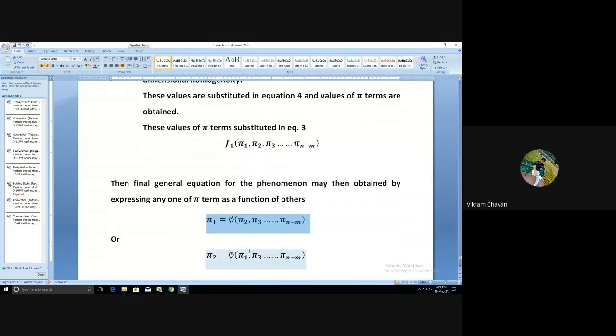And we can also express pi 2 as a function of the remaining pi terms: pi 2 is equal to a function of pi 1, pi 3 up to pi n minus m. So this is the description of the Buckingham pi theorem.